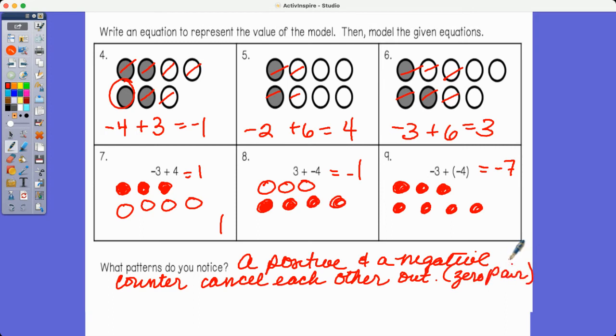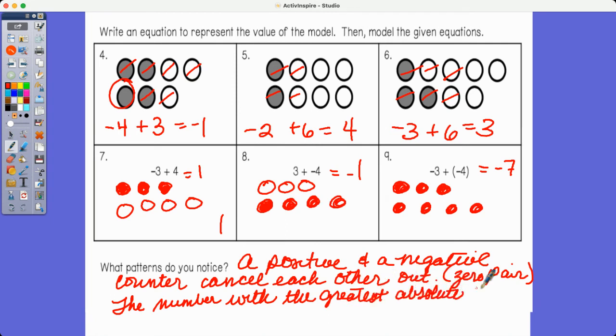And then I also noticed that the number with the greatest absolute value keeps the sign. And by the sign, I mean positive or negative. Okay, make sure that's in your notes. Complete sentences, periods, capitals. Come on, guys, you can do it. You're kind of amazing.